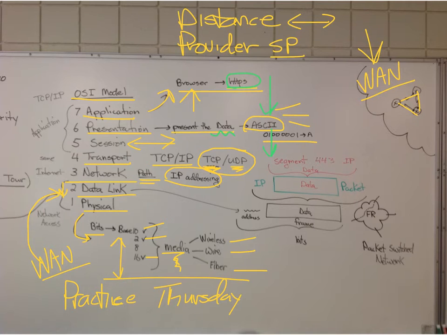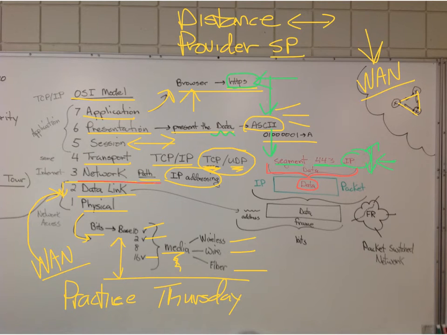Then we'd look at the data, split it into segments, and add a port number, 443 for this. Tie it together with an IP address, where we're going to go. This isn't a perfect definition, but you can think of that as a socket, and that thread is going to run through the machine separate from other things going on. So this whole thing becomes the data at this layer.